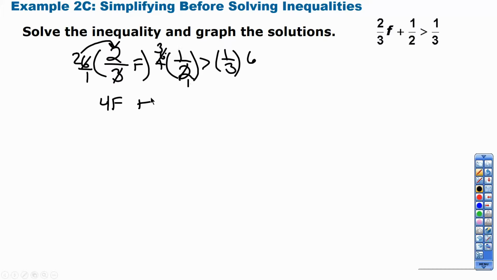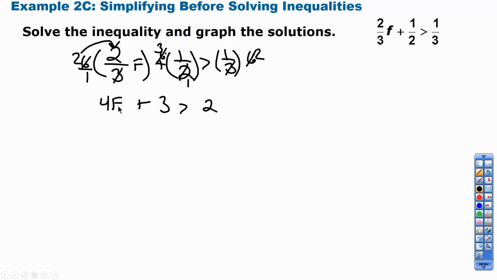And then 3 times 1 is 3. 6 divided by 3 is 2, and 2 times 1 is 2. So I now have 4f plus 3 is greater than 2. That's usually how I go about solving problems with fractions. I get rid of the denominator by multiplying by the least common multiple.